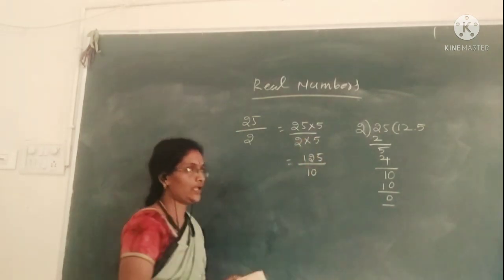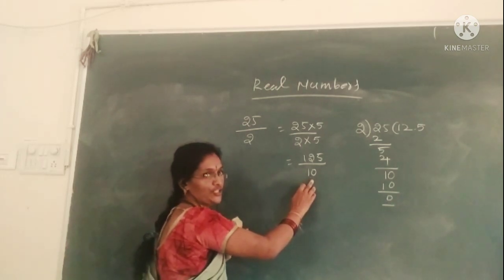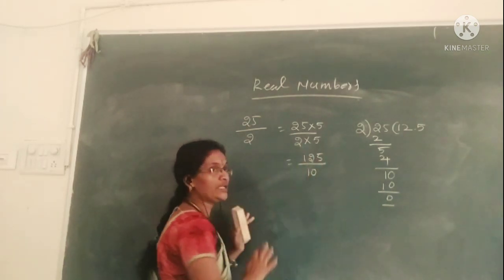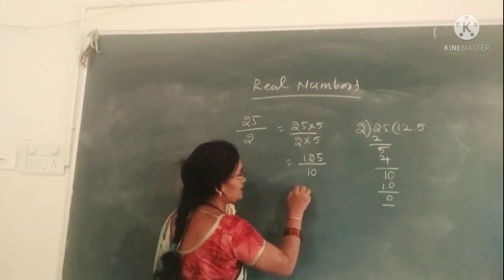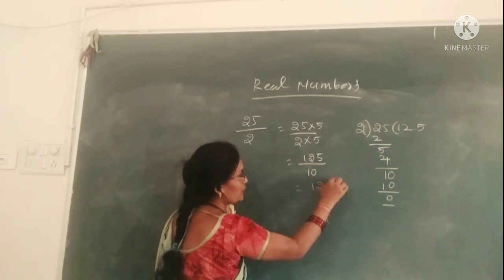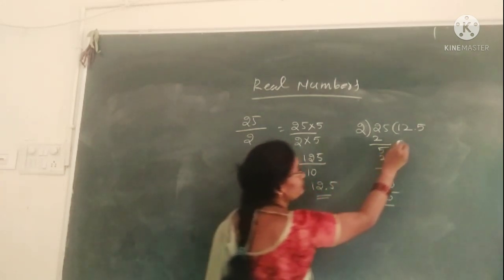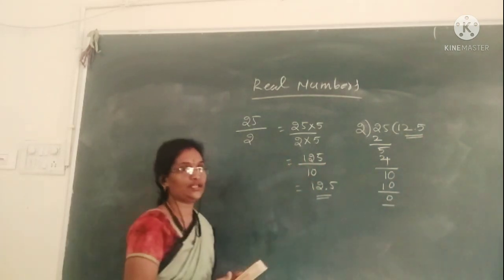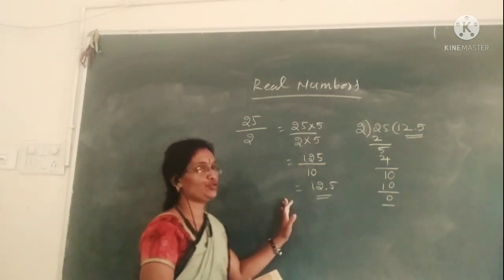How many zeros? One zero, so we put the point one place from the right side. That gives 12.5. Both answers are equal, by the division method and by the theorem.